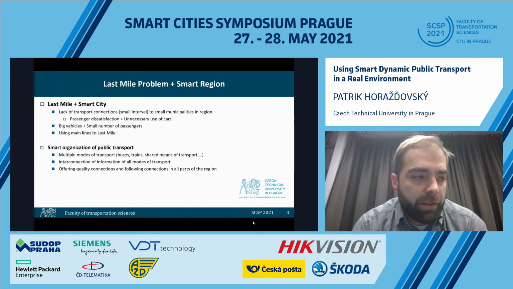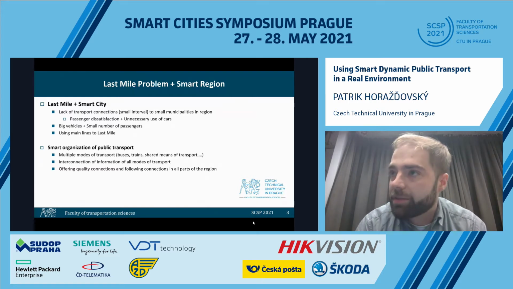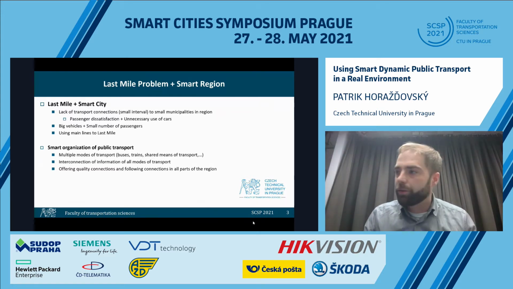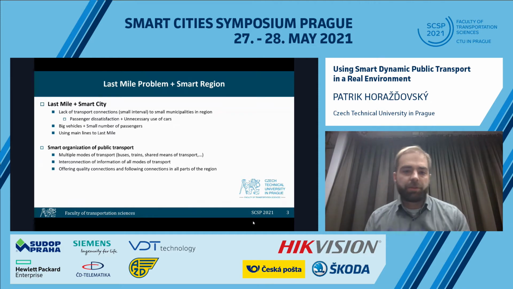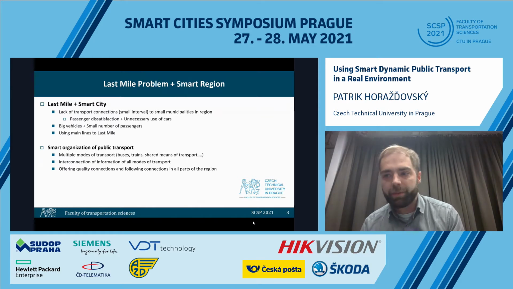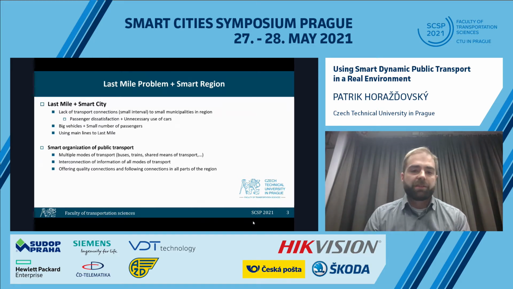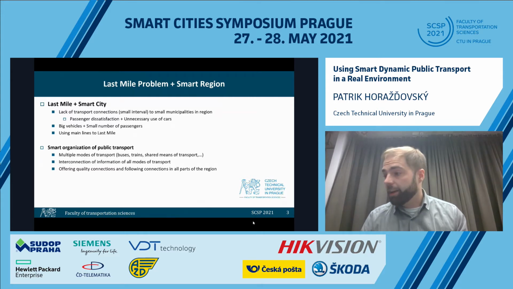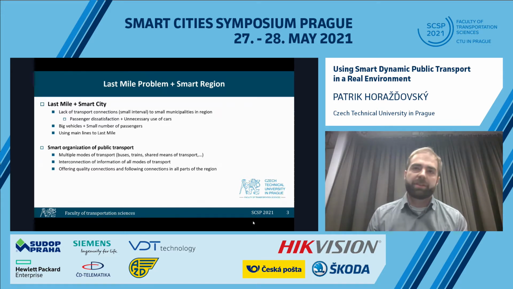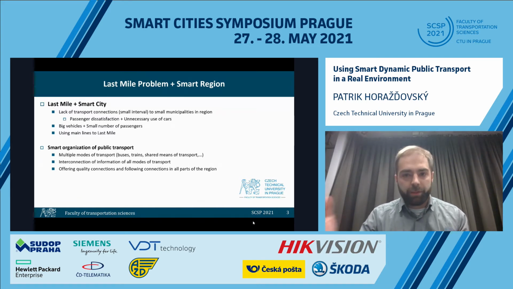There are problems with big vehicles, big capacity of buses, for example, and there are no passengers, or there are passengers who want to be transported, but there is no connection because it's too expensive. So there are many problems, and with these problems there is some dissatisfaction of passengers, and they use cars. And if we know that there is a problem with cars in the cities, we have to help them in the region, because there are many passengers from the region who want to go to the city.